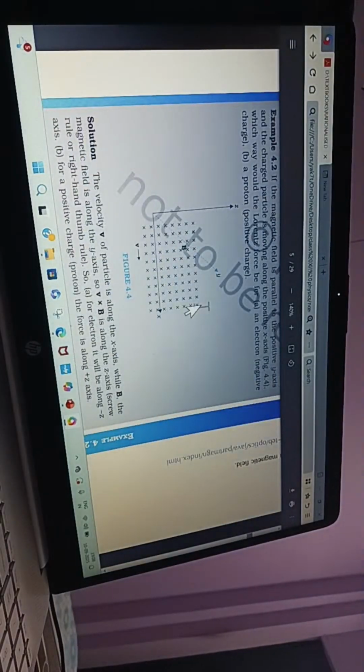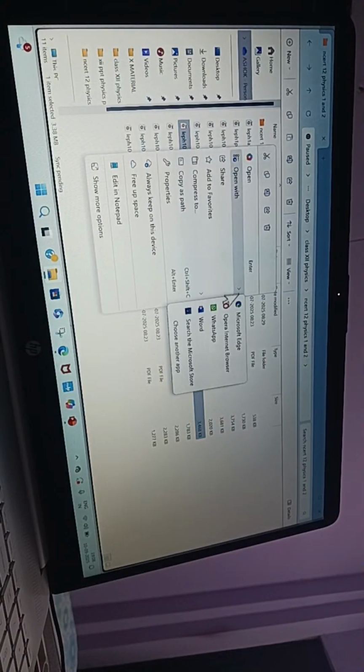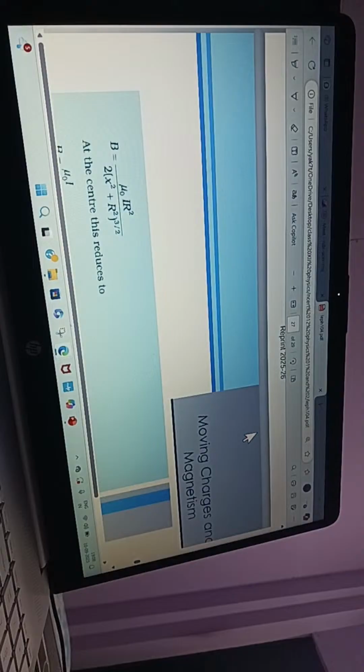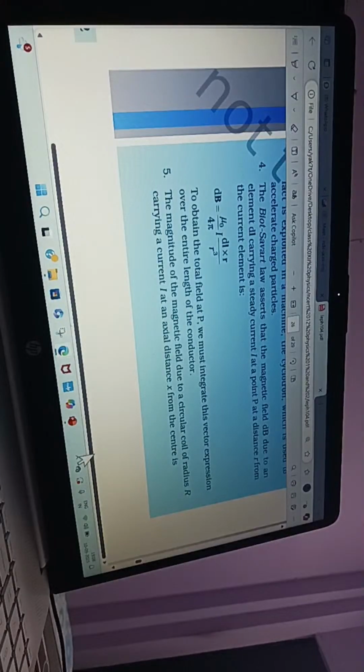Okay, yes, sir. 1 minute. This is actually something went wrong. I will open it once again. 1 minute. I want to open this with Microsoft Edge so that I can write also. Okay. Which page number?